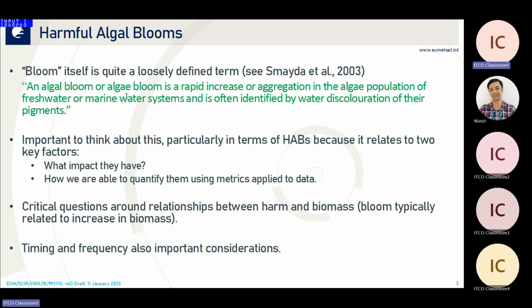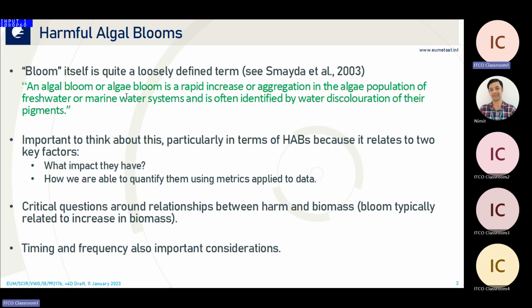We know that these pigments are mainly the green or the red reflectances, and that's why we identify them. But it said nothing about quantities of algae that we need to have there, or the timing on when these blooms occur, the season of the year.